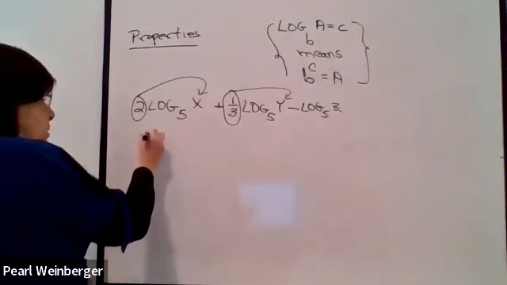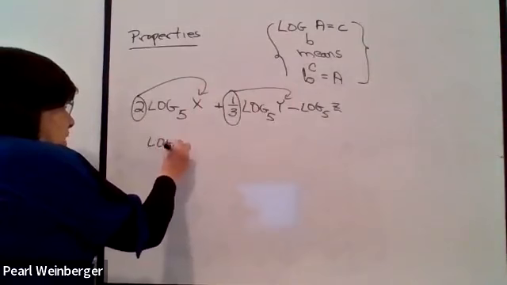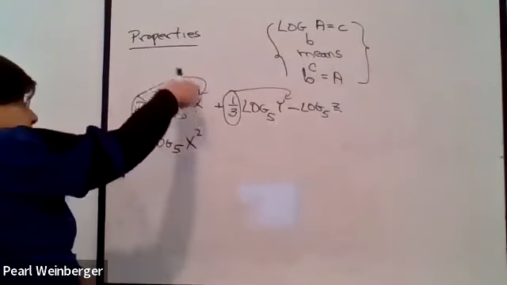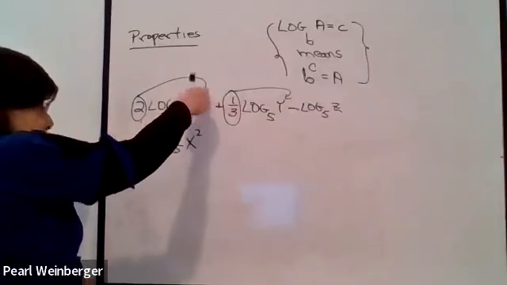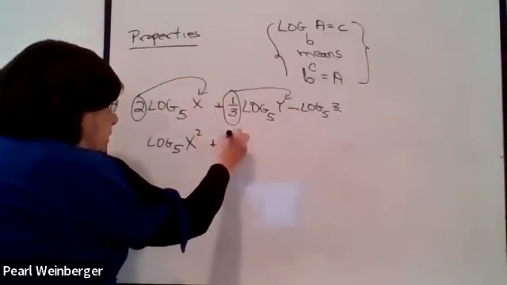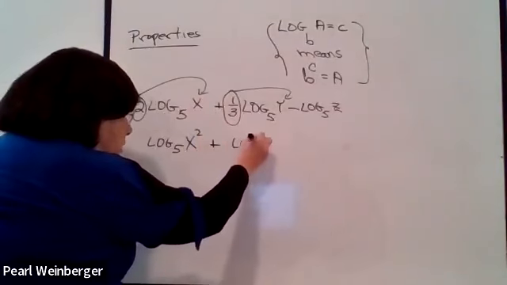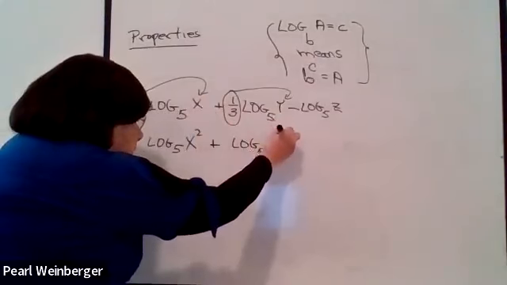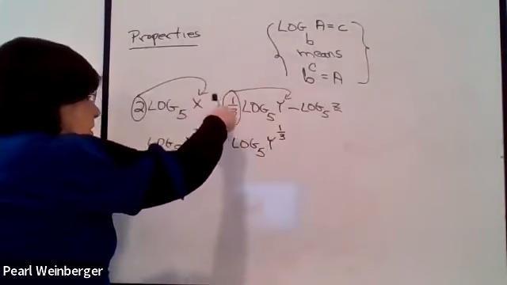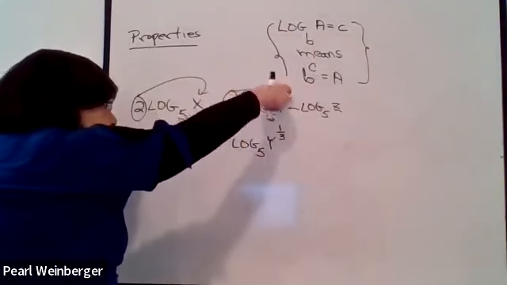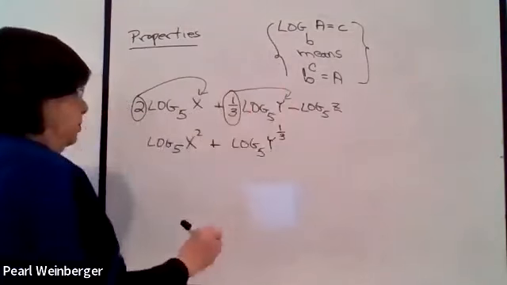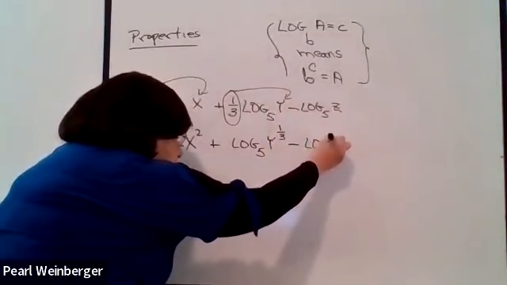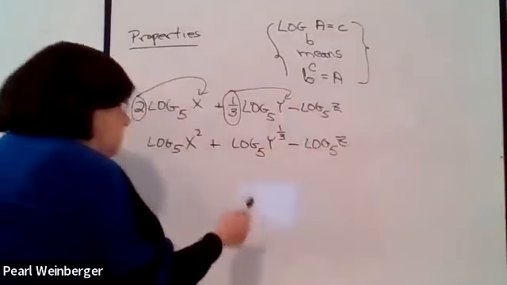So this really is log base 5 of x squared, because this was a 2 in front, goes back to being the exponent 2. This becomes log base 5 of y to the 1/3 exponent. This 1/3 coefficient means it was originally an exponent. And this is minus log base 5 of z.